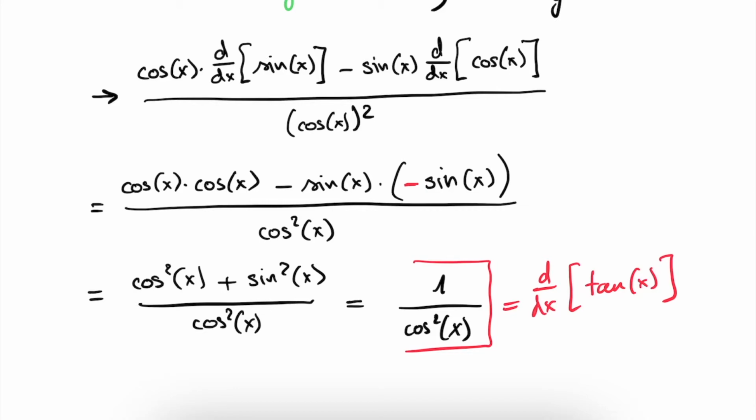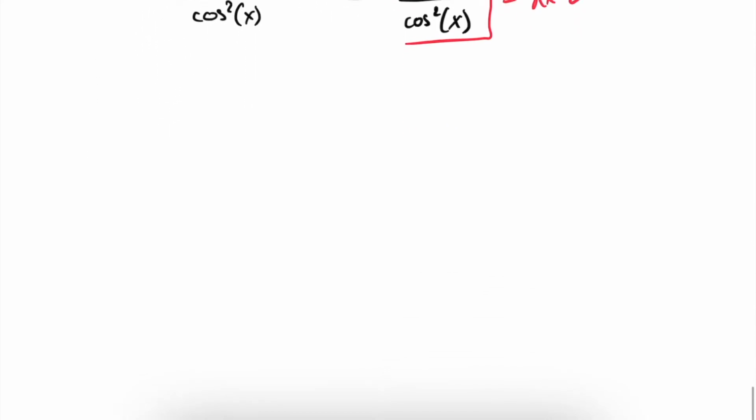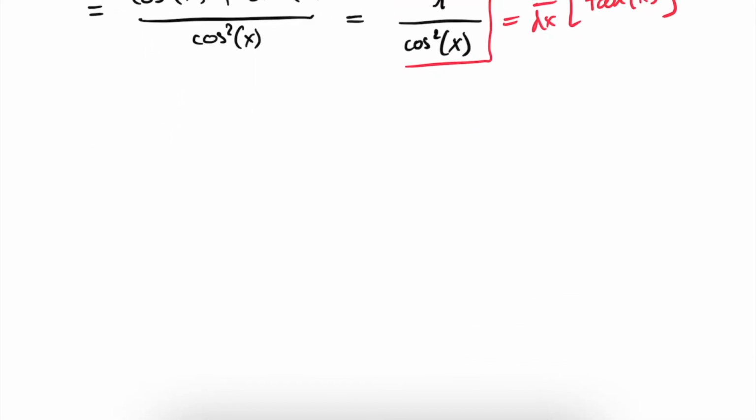So let's now step it up a bit and do a derivative of which we don't know the answer beforehand. We're going to look at d over dx of tangent of x divided by x.